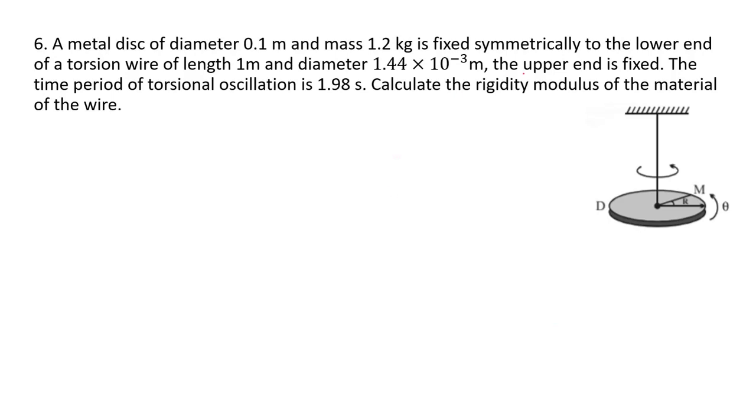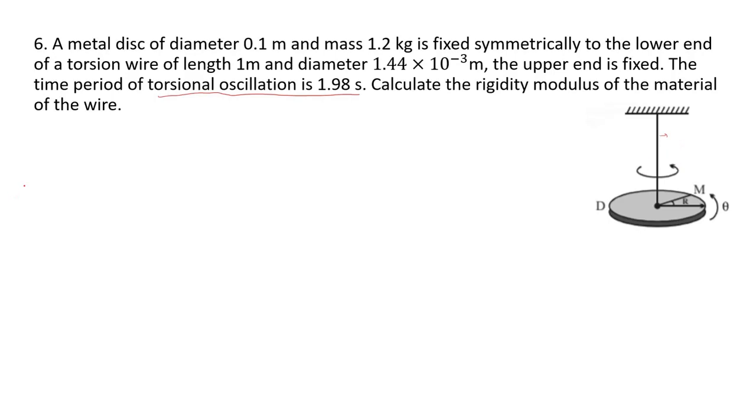So, we have been given enough information about the torsional oscillation executed by this torsion pendulum. The material under torsion is this wire, and this disc is used to give the external couple, and also this disc executes the torsional oscillation. By looking into how this disc executes torsional oscillation, we can find the rigidity modulus of the material of the wire.